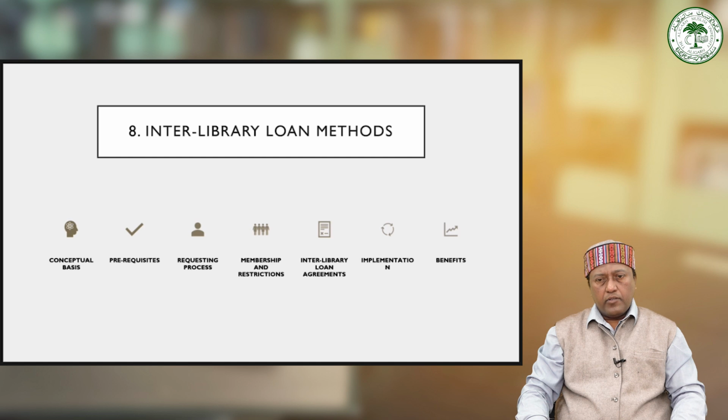Basically, this interlibrary loan expands access to resources, allowing patrons to obtain materials not available locally, and it maximizes the use of library collections and fosters collaboration among libraries. So patrons benefit from a wider range of materials for research, study, and leisure purposes.